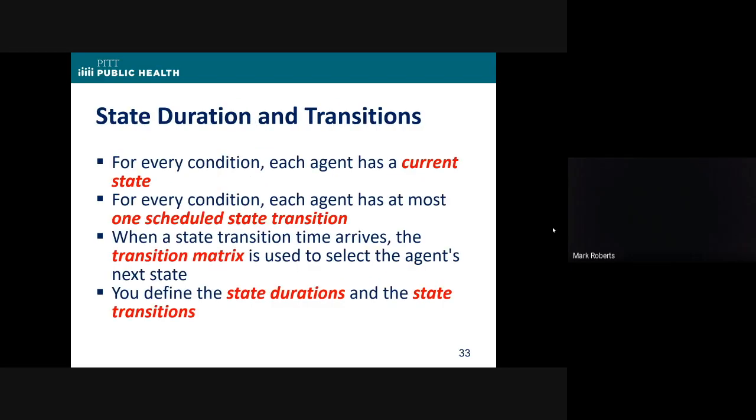And for every condition, every agent has a current state, and you can only be in one state at a time, and you can only make one transition each iteration. There's a transition matrix, it can be relatively complicated, that describes the transitions between states, and you also describe a duration within a state, and that's stochastic.